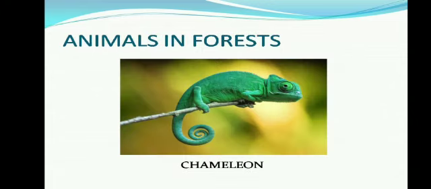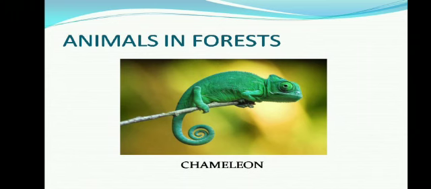Animals in forest. Forests are home to a huge variety of animals. Animals living in the forest have to cleverly hunt for prey and protect themselves from predators. Some animals can change the color of their skin to match the background when faced with a threat.